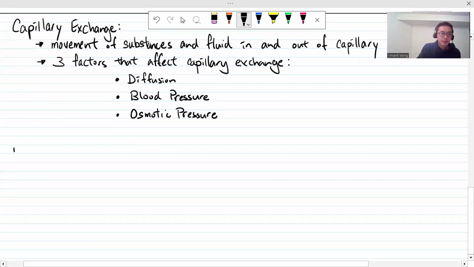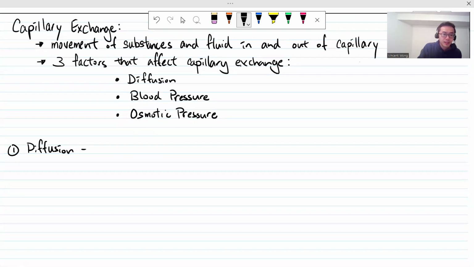So let's talk about diffusion. What's the definition of diffusion? Anybody want to give me their best definition for diffusion? What does it mean? What does it describe? Movement of molecules from higher concentration to lower concentration. Yeah, exactly right.